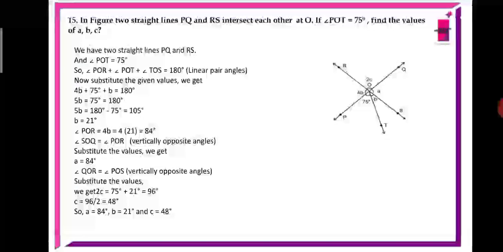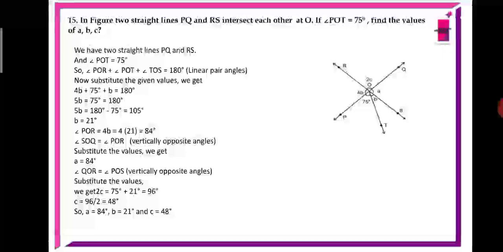The last question of the worksheet. In the figure, two straight lines PQ and RS intersect each other at O. If angle POT equals 75 degrees, find the values of A, B and C. We have two straight lines PQ and RS, and angle POT equals 75 degrees. The sum of the angles on a straight line, that is angles POR, POT and TOS, equals 180 degrees.